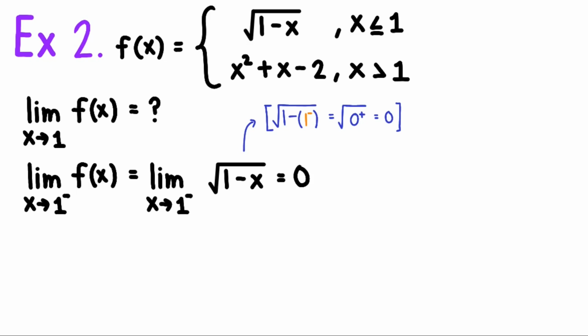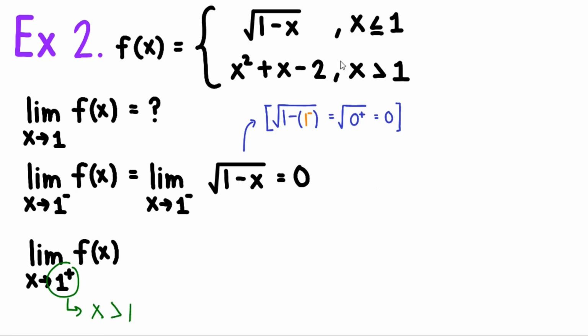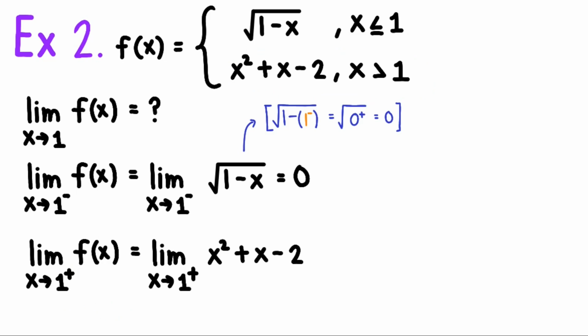Let's go on to the other side, the limit of f of x as x approaches 1 from the right. When we talk about 1 from the right, we talk about values of x greater than 1 but close to it. So we'll use this function here. Since this is just a polynomial, we can use the trick that we learned in a previous video: when dealing with polynomial functions, since the domain is all real numbers, we can simply plug in 1 immediately.